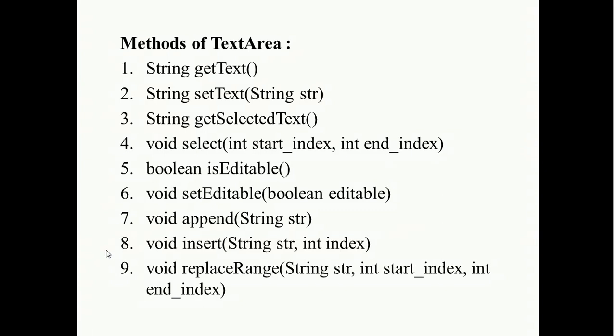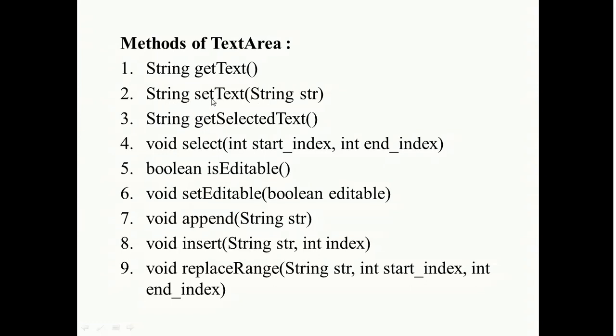Now see the methods of the text area. There are 9 methods of the text area. See the first one, getText. The getText method is used to return the text currently present in the text area. The second method is setText. This method is used to set the initial text in the text area specified by the string str.